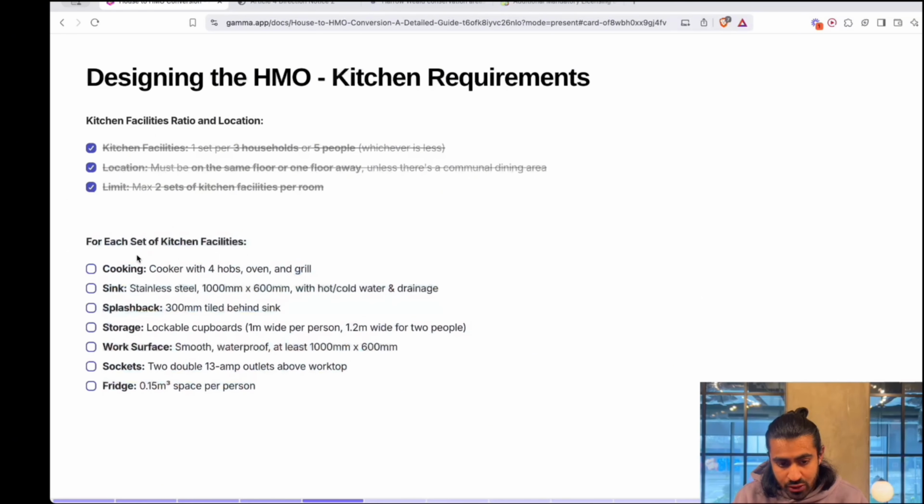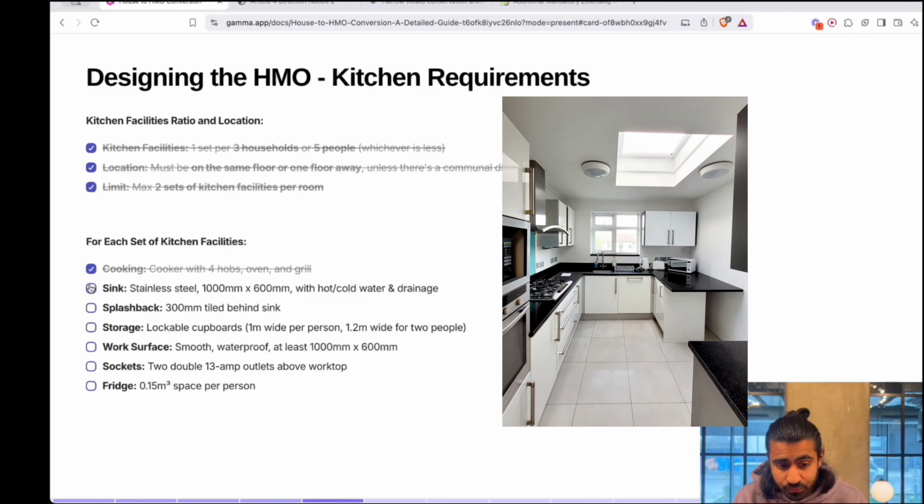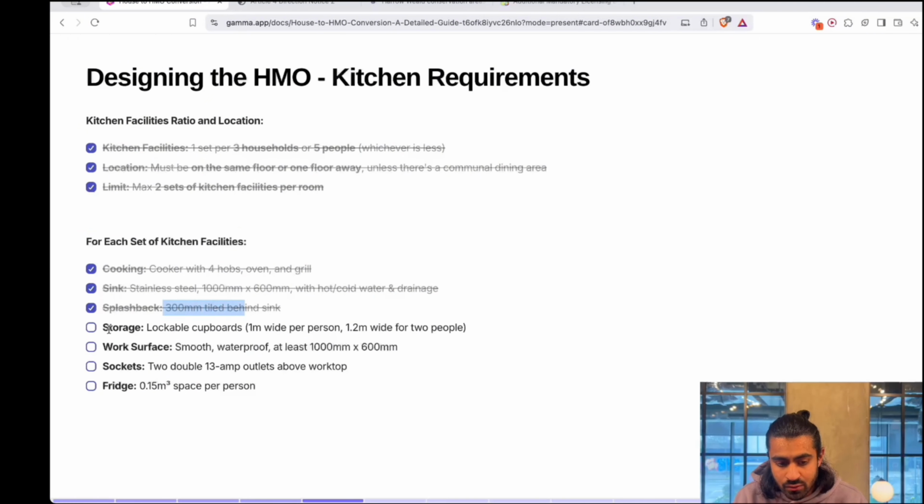For each set, you'll need cooking facilities, so hobs, oven, grill; a sink, 1000 by 600 with hot and cold water and drainage; 300 millimeters of tile splashback; storage, 1 meter wide per person and 1.2 if it's a couple; a work surface, like your worktop, at least 1000 by 600; and then sockets and a fridge. That would constitute a kitchen facility.